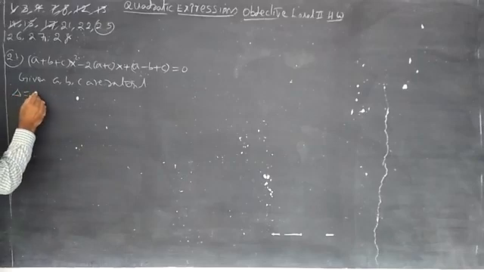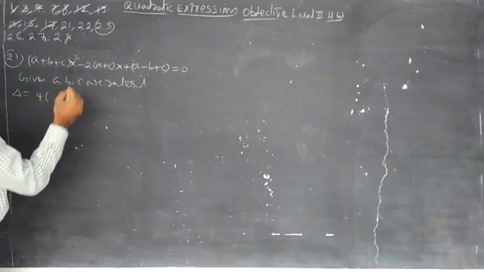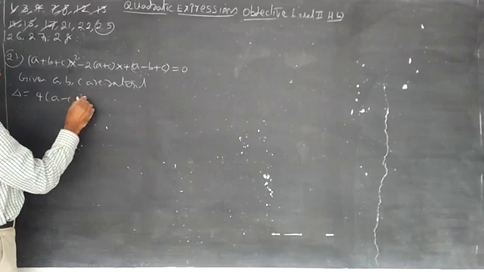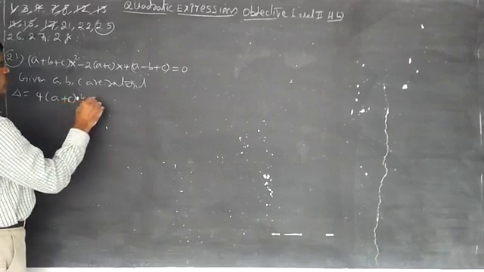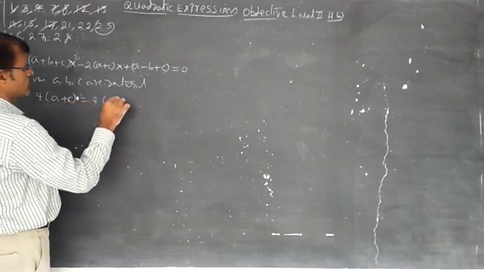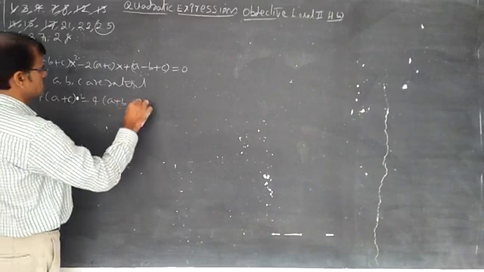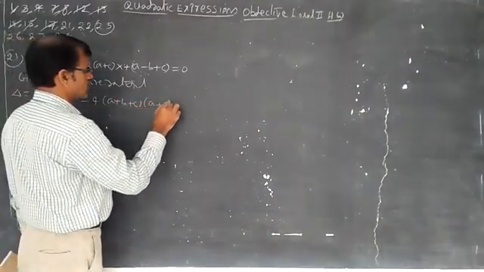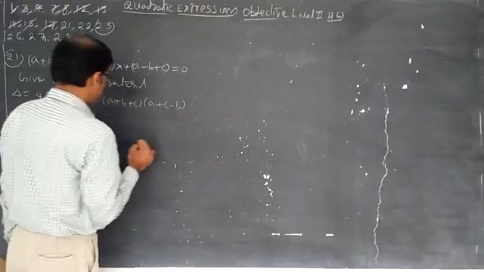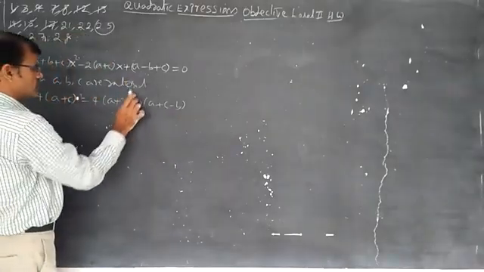So delta is b square minus 4ac, which is 4(a plus c) whole square minus 4(a plus b plus c)(a plus c minus b).